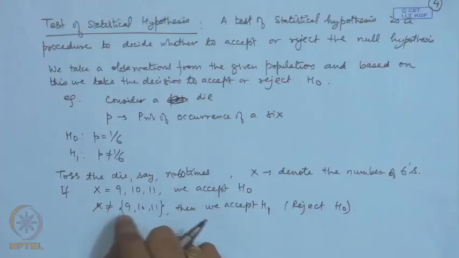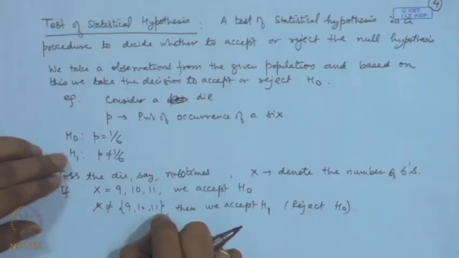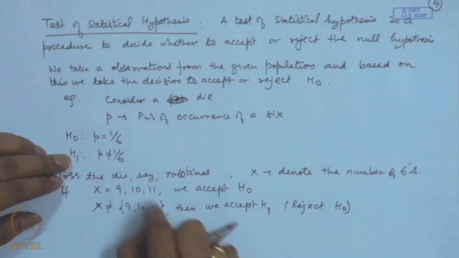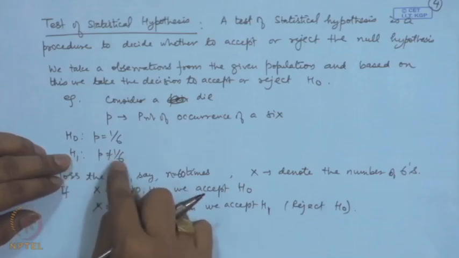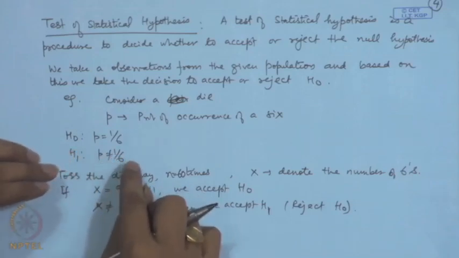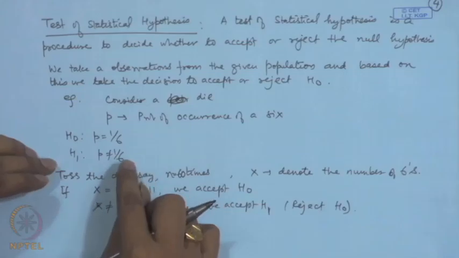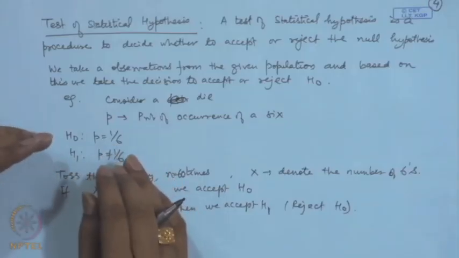Similarly, if I observe that x is different from 9, 10 and 11, then we conclude here that H 1 is more plausible. It does not mean that H 1 is actually true. It means that based on the sample, we do not feel that H naught is a correct hypothesis, we feel that H 1 is more plausible.